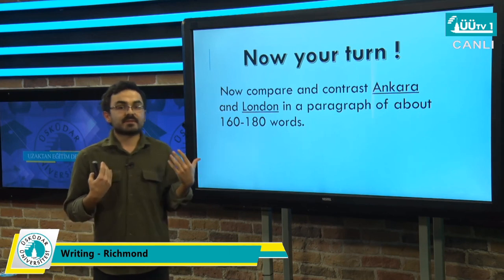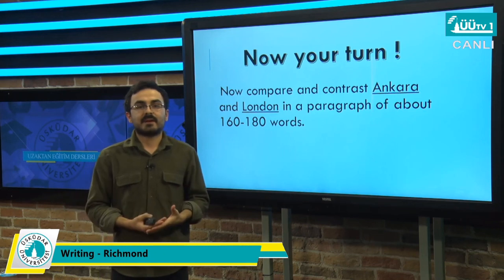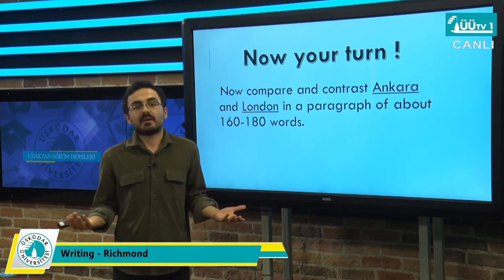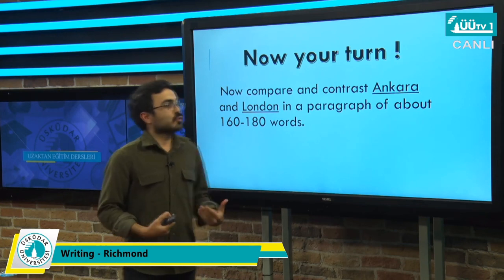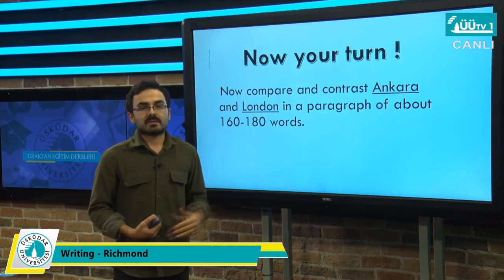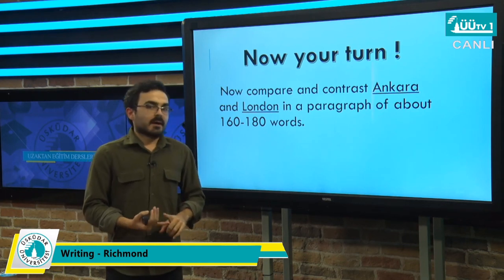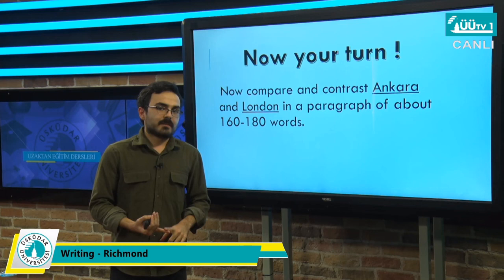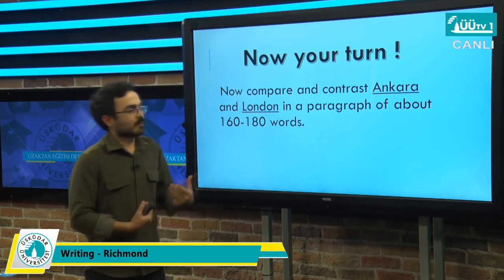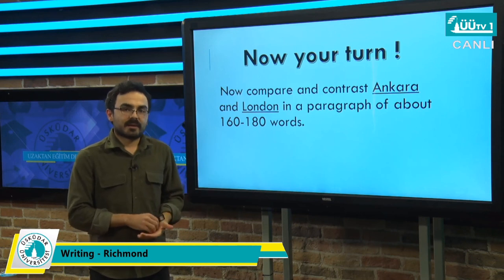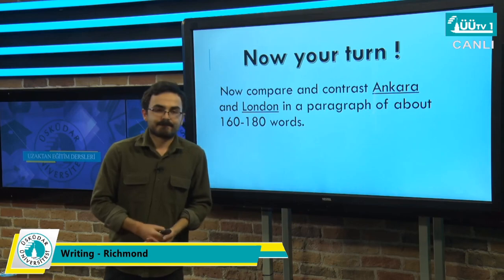What are the differences and what are the similarities of Ankara and London, right? What can you think of? Please write it down and try to use these conjunctions: however, while, similar to, both, not only but also, right? Please try to use these words I have talked about in your paragraphs. I wish you a good day and stay safe.